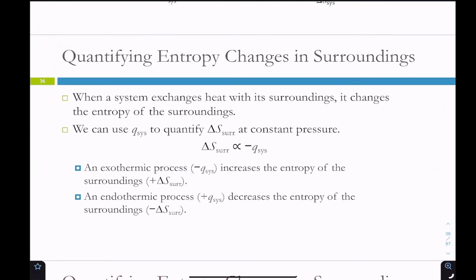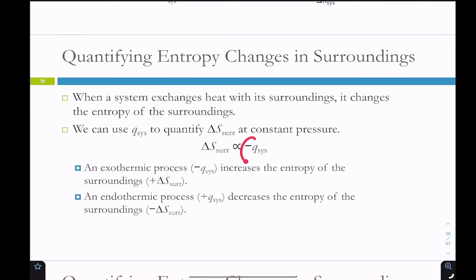Right? So if by freezing we're releasing heat, that heat goes into the surroundings and causes the entropy of the surroundings to change or increase. So we can say, okay, the heat released by the system, Q of the system, has to be proportional to the entropy of the surroundings.